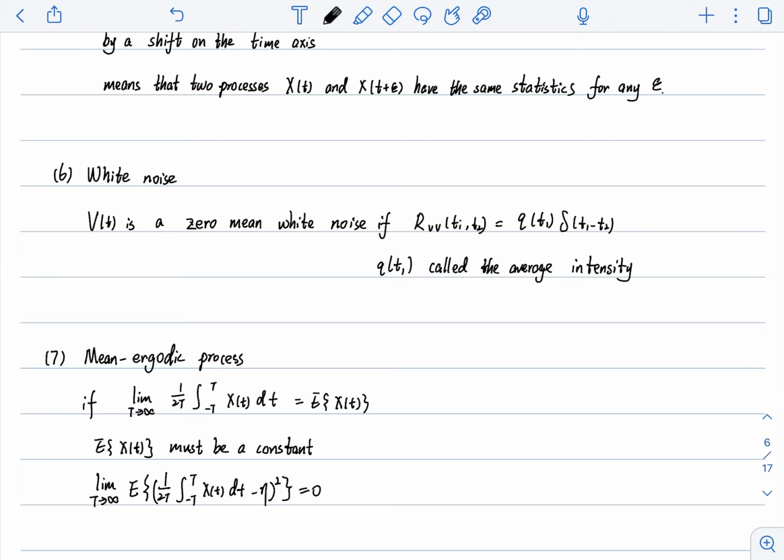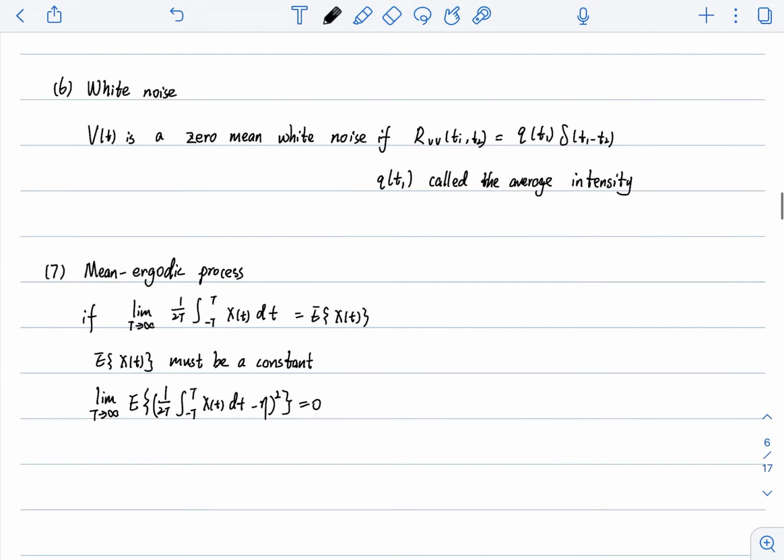Finally, let's see the mean ergodic process. The mean ergodic process is defined such that the limit as T approaches positive infinity of 1 divided by 2T times the integral from -T to T of X(t) dt is equal to the expected value of X(t).